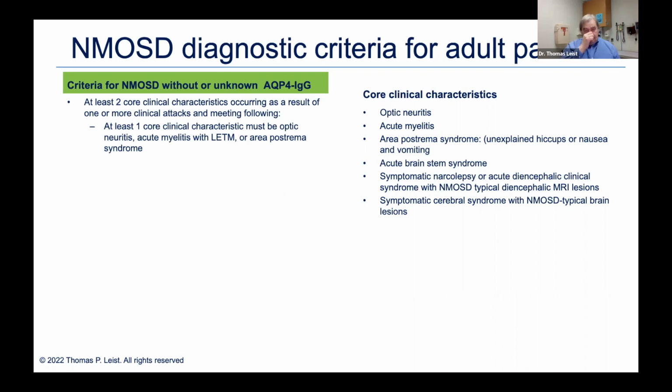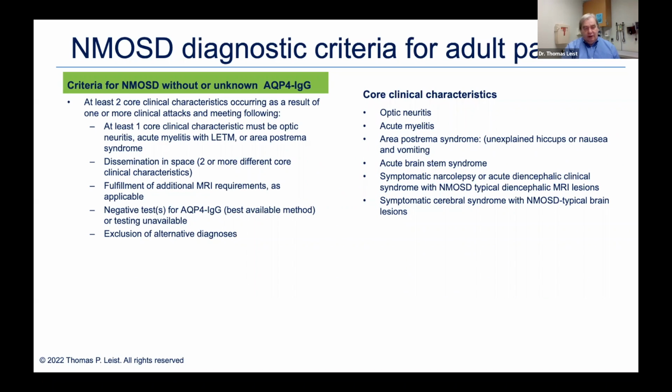At least one of these criteria needs to be really one of the core criteria, not something that looks like it. And the second criterion needs to be in a different part of the central nervous system. And as always, very important, we need to make sure that the MRI doesn't suggest another condition, and other conditions need to be ruled out.